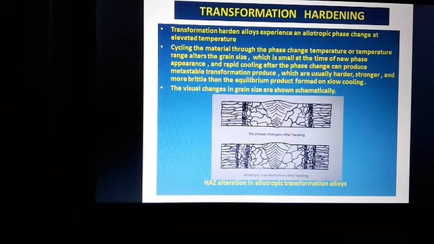Cycling the material through the phase change temperature or temperature range alters the grain size, which is small at the time of new phase appearance, and rapid cooling after the phase change can produce metastable transformation products, which are usually harder, stronger and more brittle than the equilibrium product formed on slow cooling. The visual changes in grain size are shown schematically below.